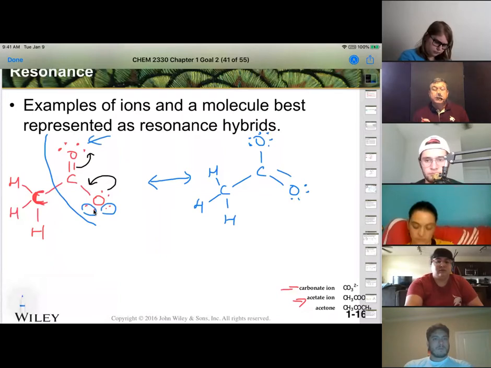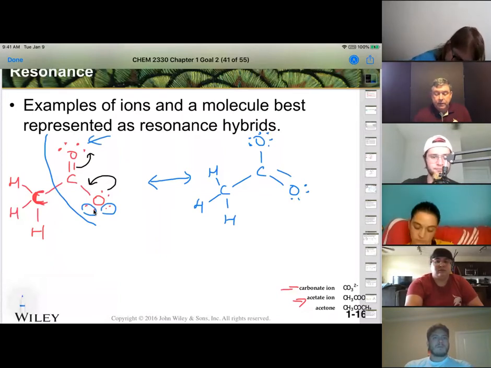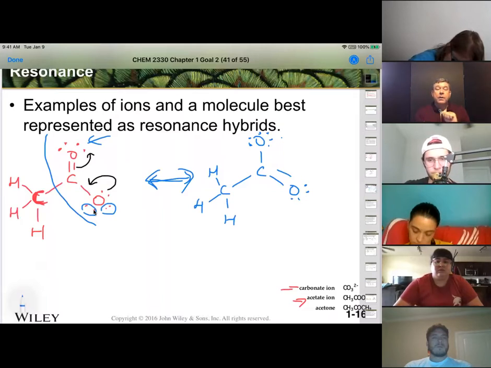Okay, so this is now a valid Lewis dot structure, but it's different than the one on the left here. So that's how resonance works. All we did was move electrons; we didn't move the position of atoms, we only moved electrons around. That is resonance.